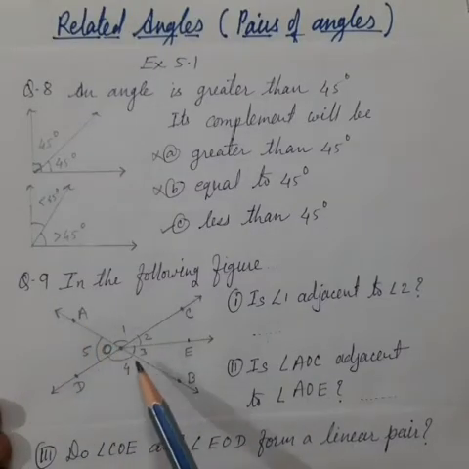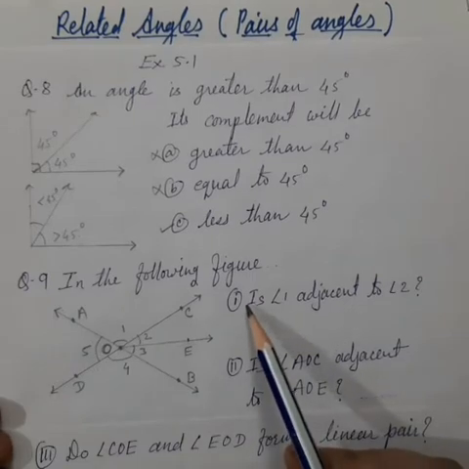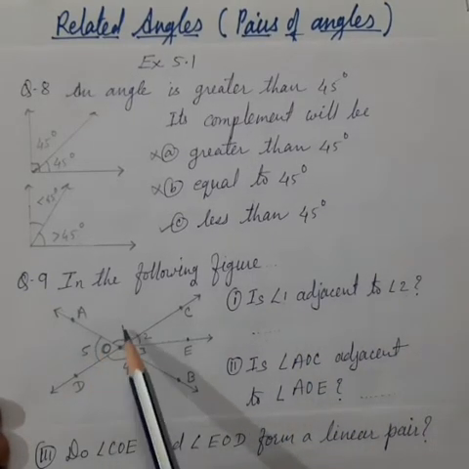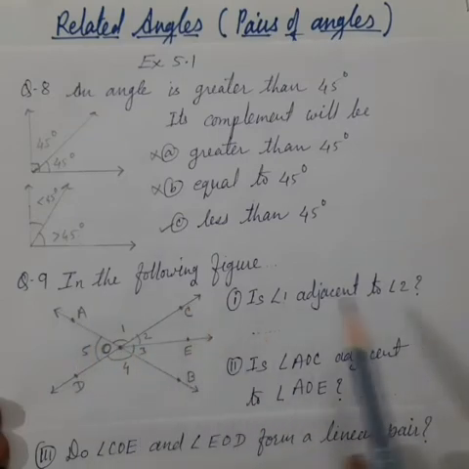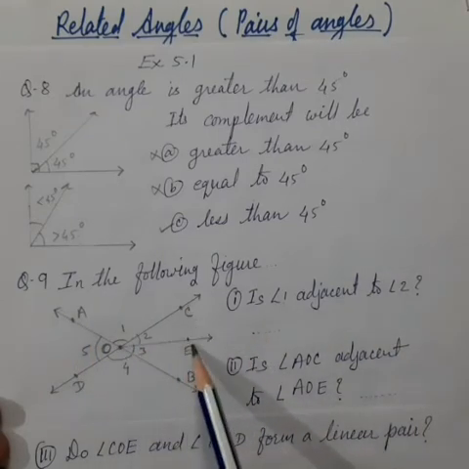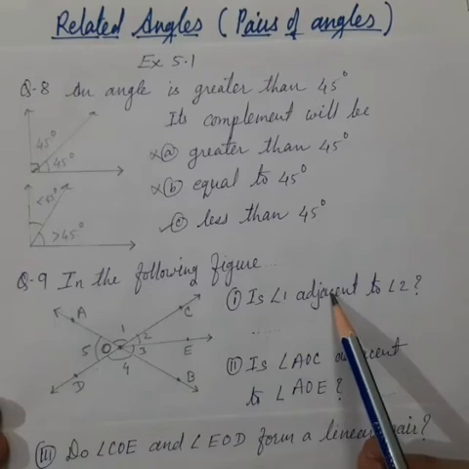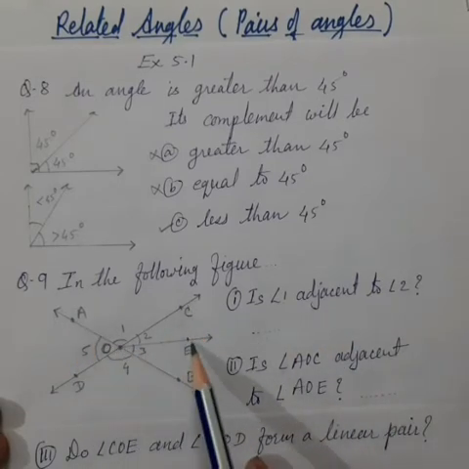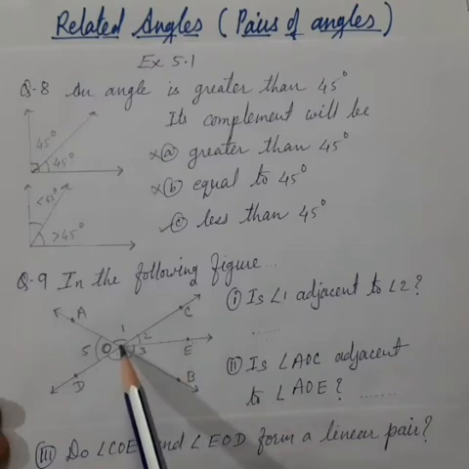Question 9. This figure we have to use to answer these questions. First, is angle 1 adjacent to angle 2? Angle 1 is AOC and angle 2 is COE. For adjacent angles, we want a common vertex. So AOC and COE, both the angles have a common vertex. Point O is common.